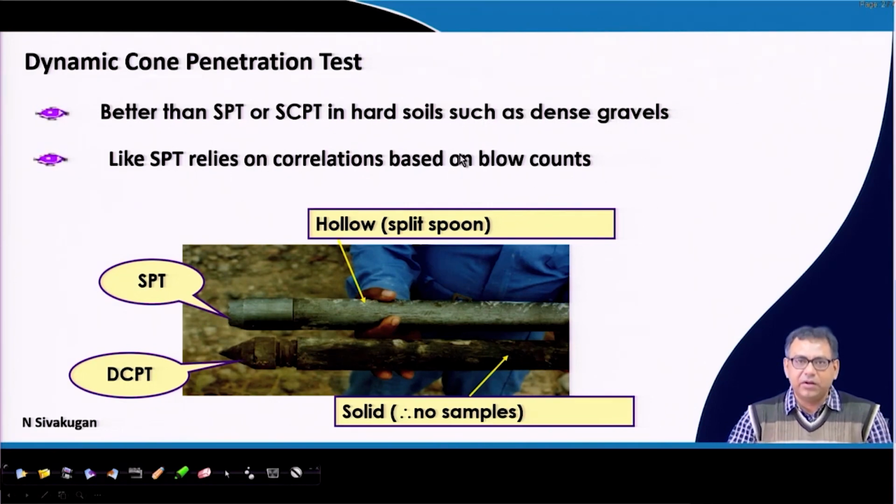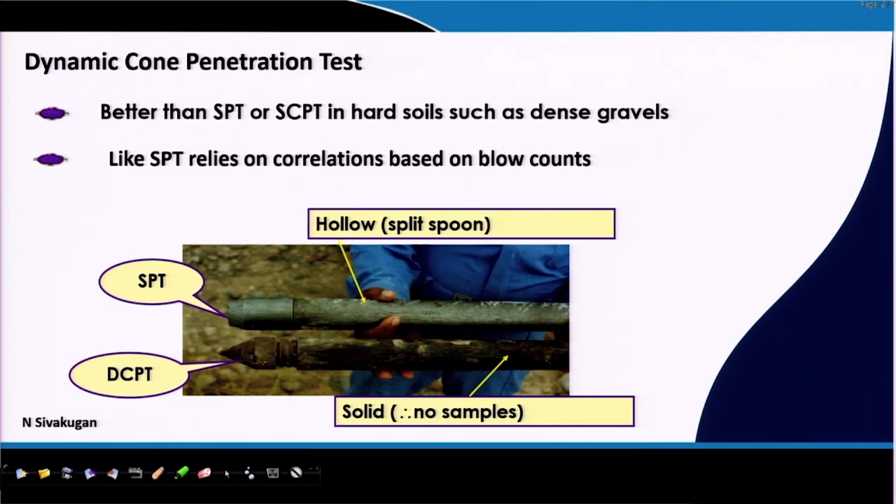And like SPT, we can also put correlations for this blow count with different soil properties. So, this is the cone penetration test. In the next class I will discuss other soil exploration methodologies by which we can get parameters that will be correlated with different soil parameters. Thank you.